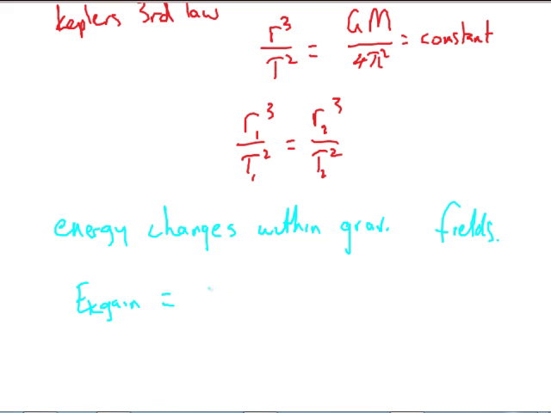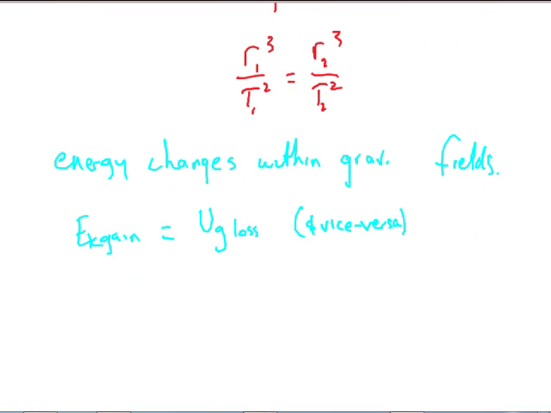A gain in kinetic energy is going to come from gravitational loss. If an object drops in height in a gravitational field, it's going to increase in velocity and therefore its kinetic energy. And of course, vice versa. If an object goes higher in that gravitational field, it gets greater gravitational potential energy, but at the cost of a loss of kinetic energy.